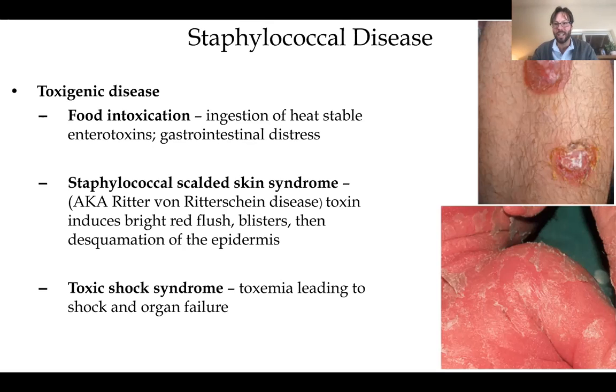There's scalded skin syndrome. And that is going to be in this picture above where it looks like a burn. Essentially, it's a blister and a desquamation of the epidermis. That just means that the cells, the outer layer of cells, no longer adhere to the cells below them, and they start sloughing off. You can also have something in the picture below called toxic shock syndrome.